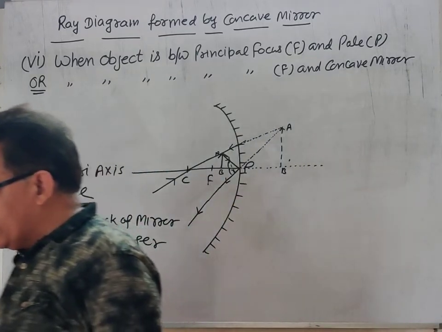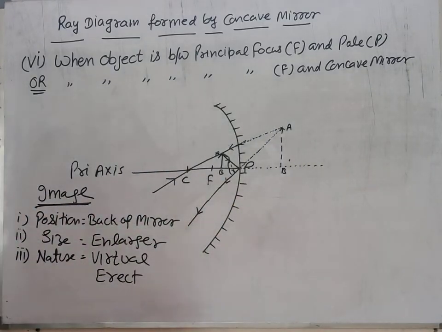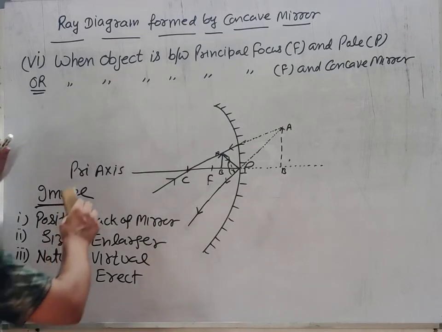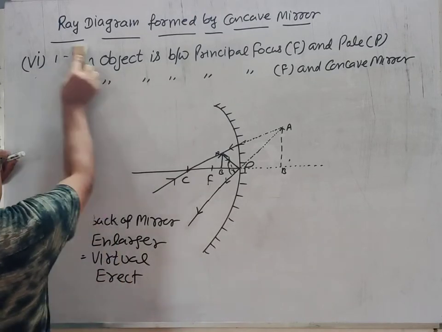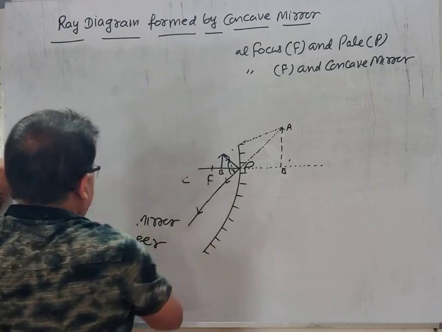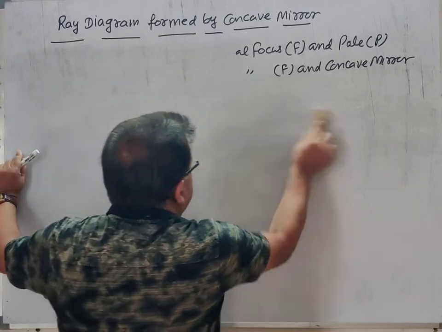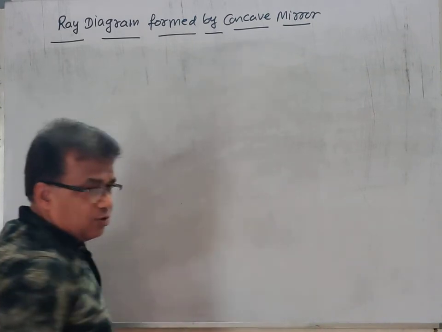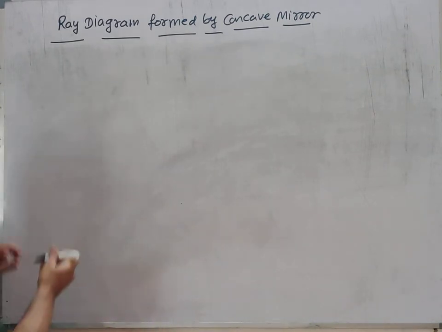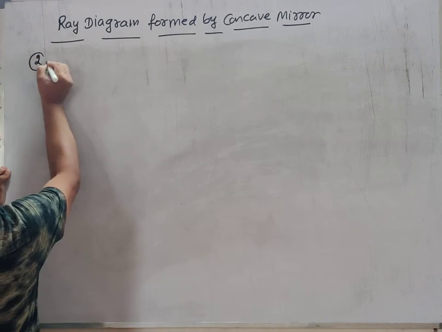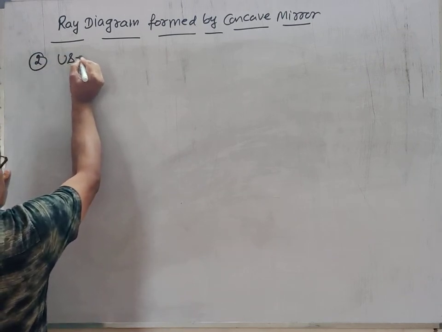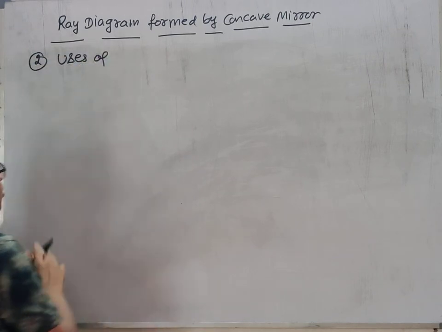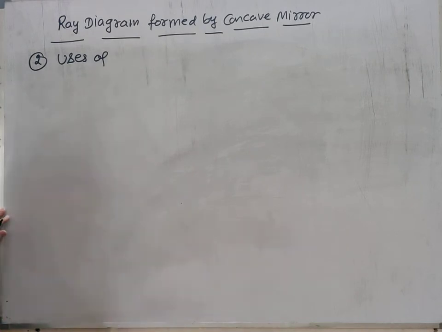Now we shall study the uses of the concave mirror. This is the last point on the concave mirror. The second point is the uses of the concave mirror; we shall remove the ray diagram.